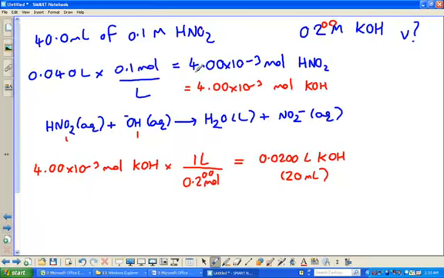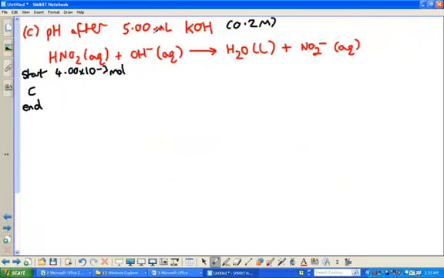So we're going to do a very similar calculation to what we did here. We're going to convert our number of mils of our KOH into liters and then convert that into moles. So, and I'll just write that down here just to try and keep it out of the way. 5 mils is 0.005 liters. Okay, so that's my volume of KOH in liters.